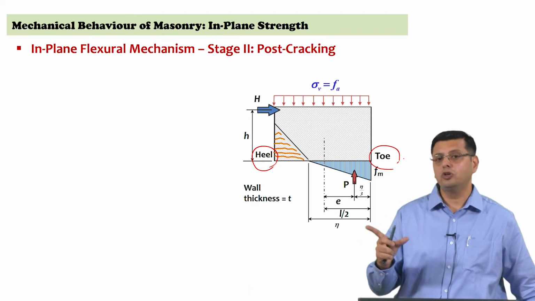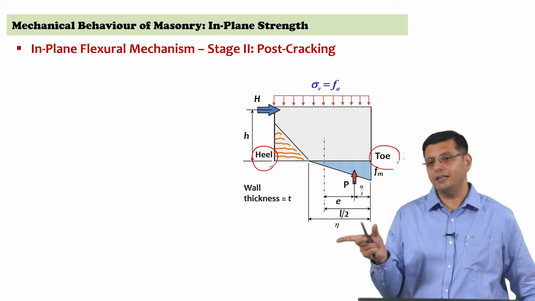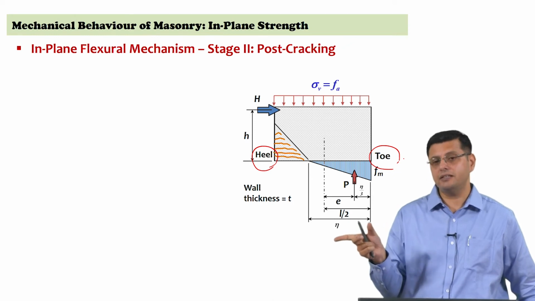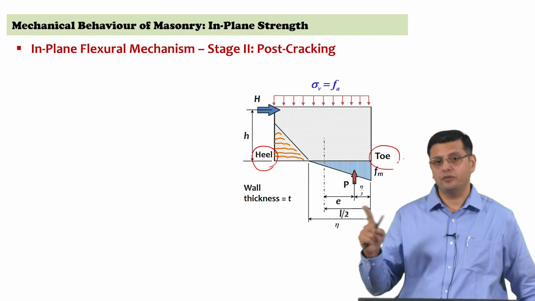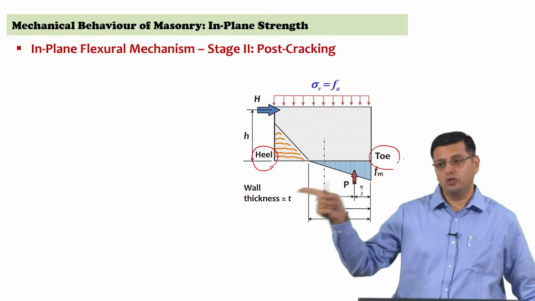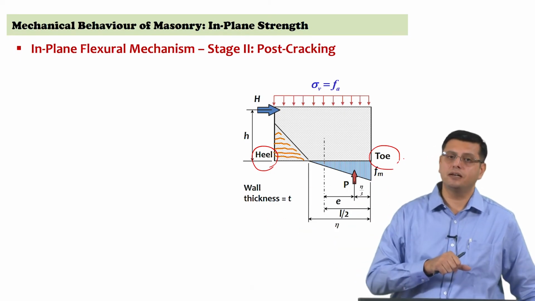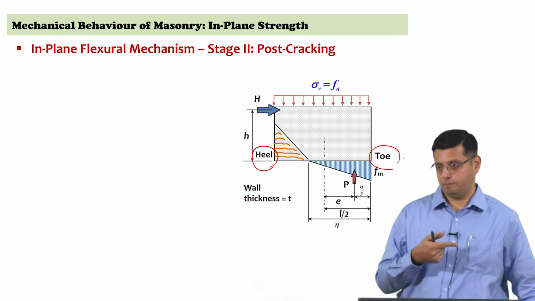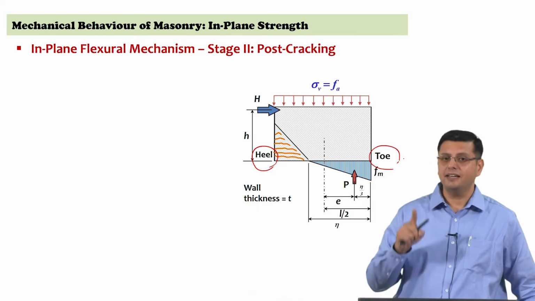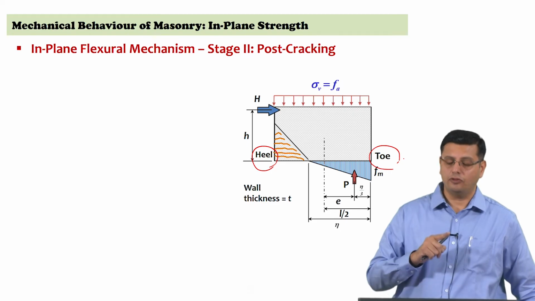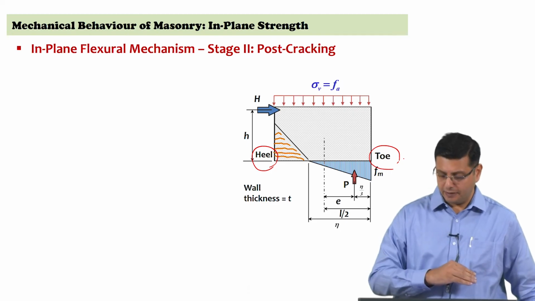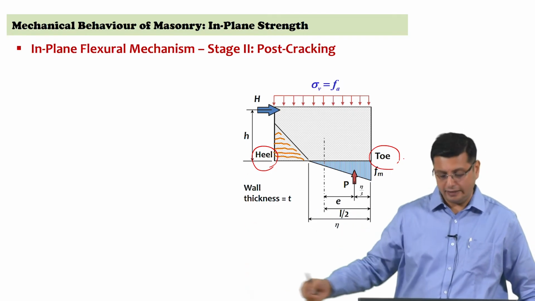So, you have the toe going towards increased compression levels and it can fail in crushing. We refer to the mechanism as toe crushing, but what has happened at the serviceability state is heel cracking, right. Heel cracking is when the tensile strength of the bed joint is reached, a serviceability limit state. Toe crushing will occur at the ultimate.